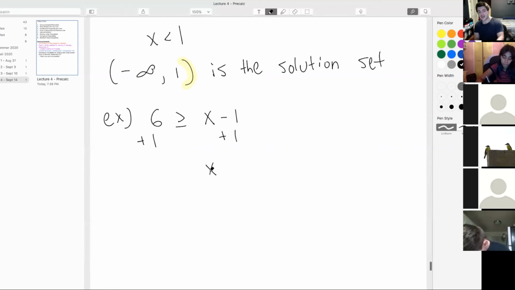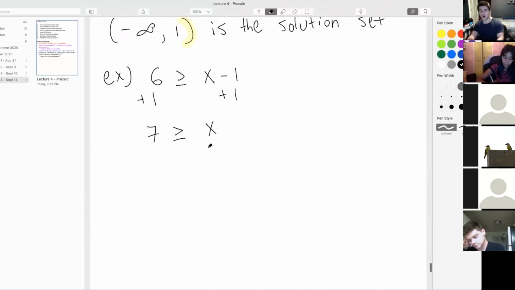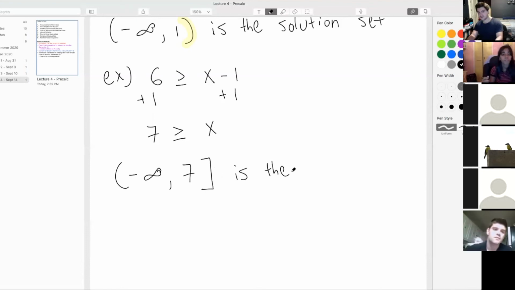We'll get that 7 is greater than or equal to x. Now let's notate this in interval notation. We want all x values that are less than or equal to 7. So that's going to look like this: negative infinity to 7, but I will put a closed bracket there. So that's the solution set.